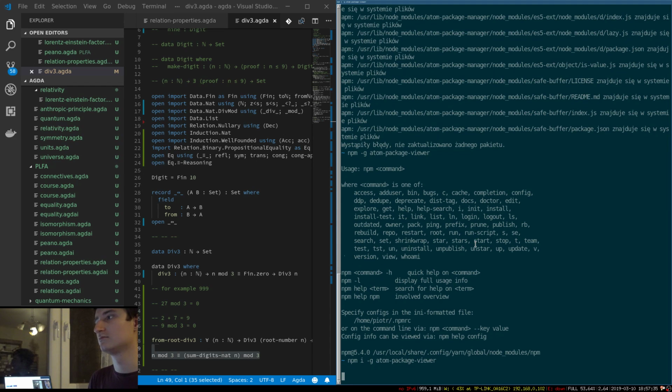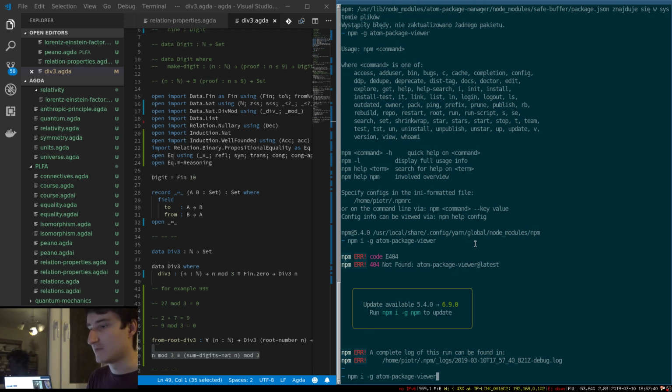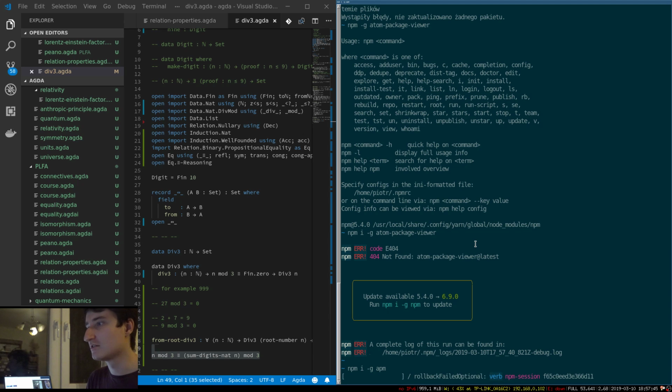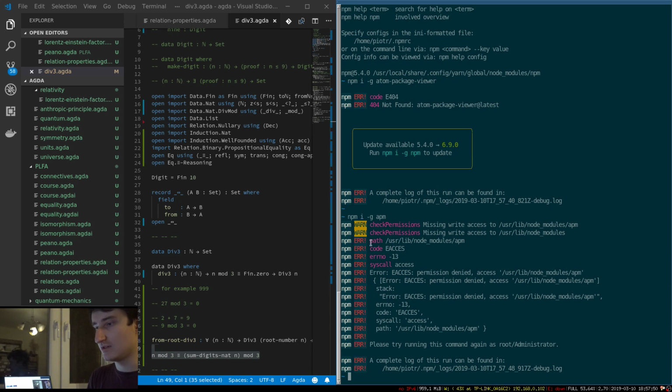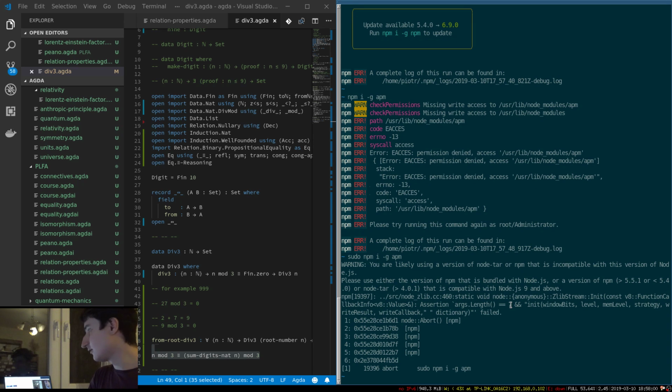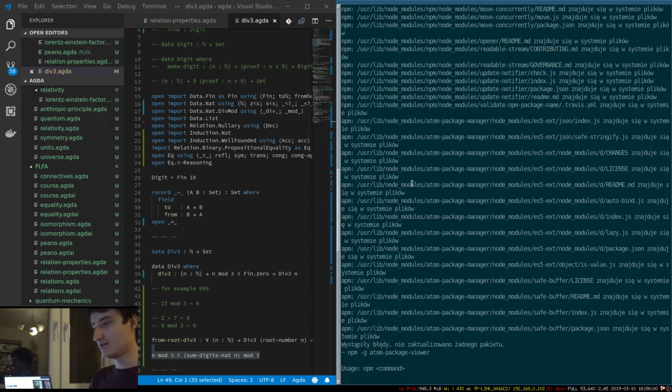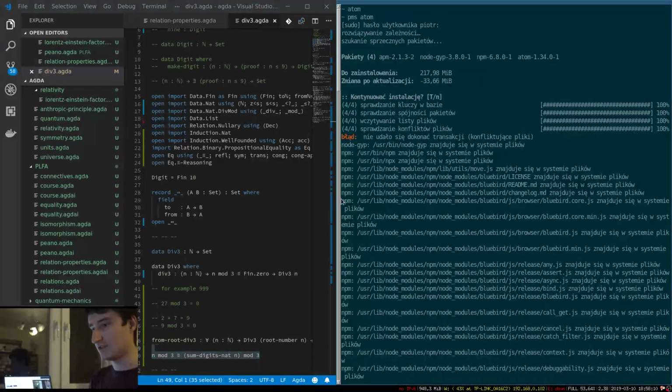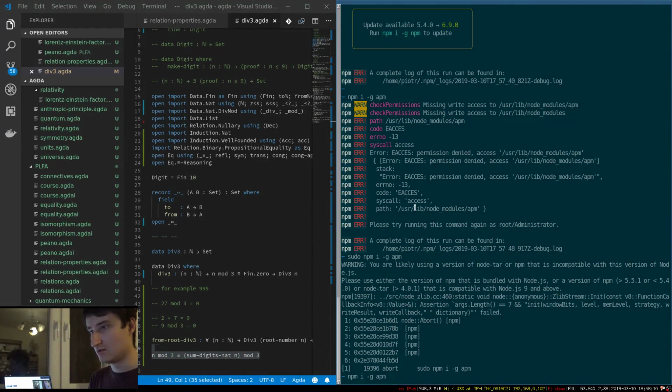Npm install ng apm, and this installation conflicts with the native pacman for, you know, Arch Linux. So I have in the file system apm conflict for npm and apm, although I could say install atom, ignore apm, ignore npm.